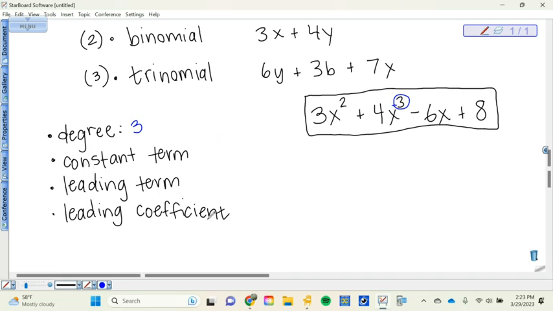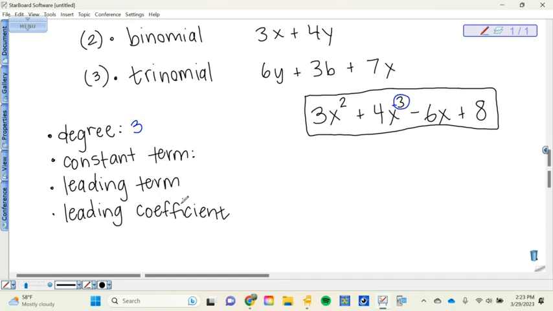The constant term. Any idea what the constant term would be? So what term doesn't change? No, the variable varies.